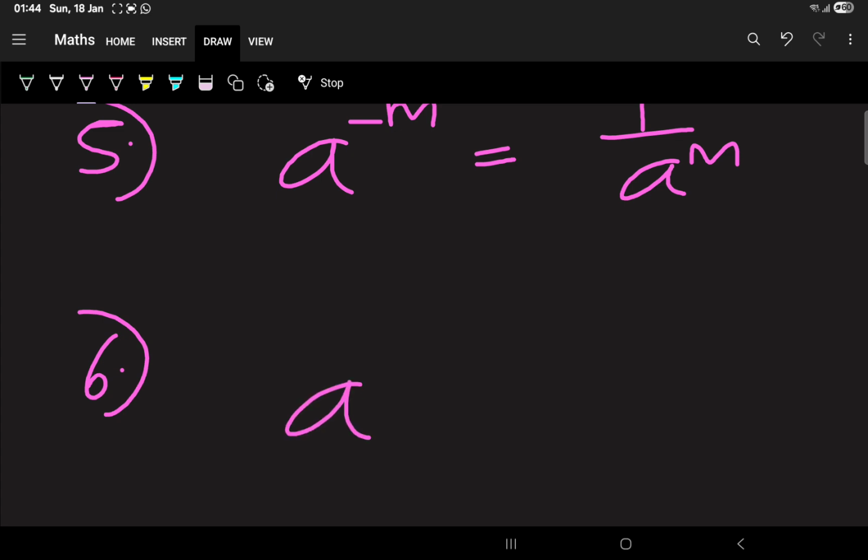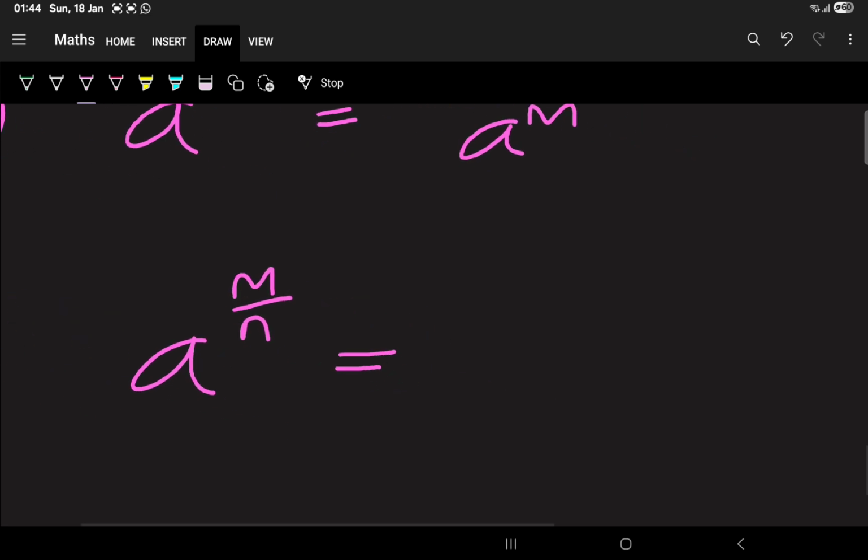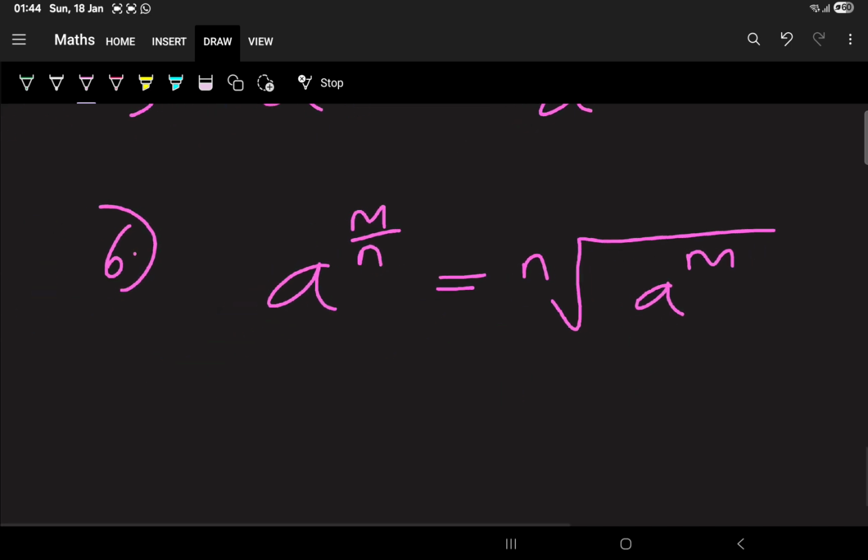So a raised to the power of m over n is equivalent to the nth root of a raised to the power of m.